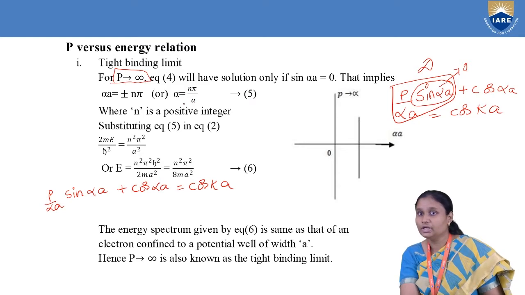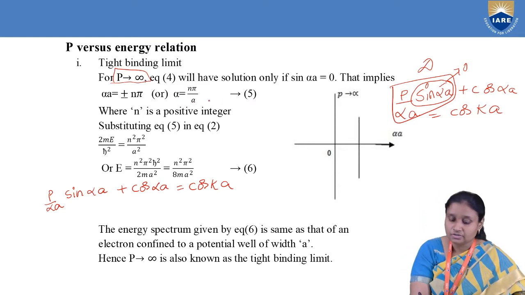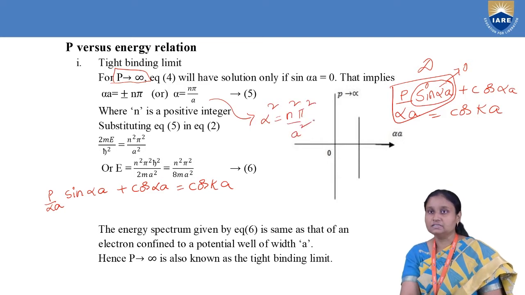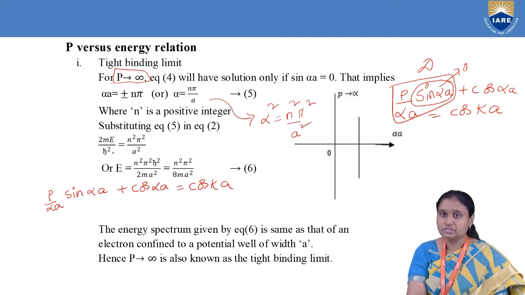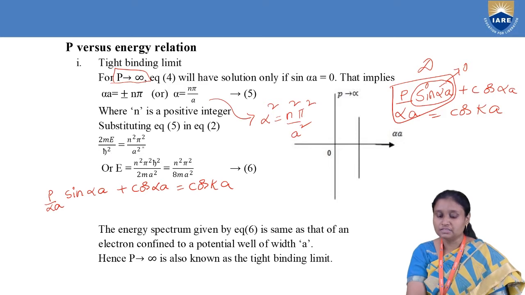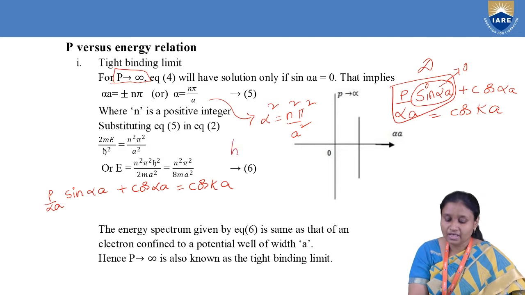Now I'm squaring this term. I'll get alpha square is equal to n square pi square by a square. But what is our alpha square? Alpha square is 2mE by h cross square, which is equal to n square pi square by a square. And we have h cross as h by 2 pi.